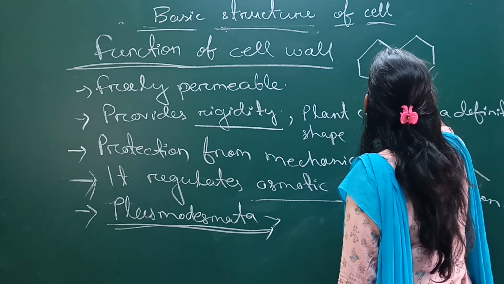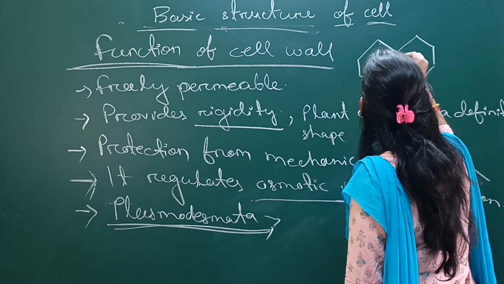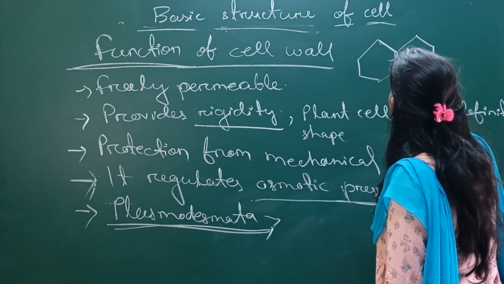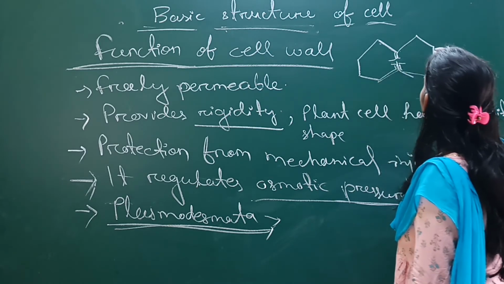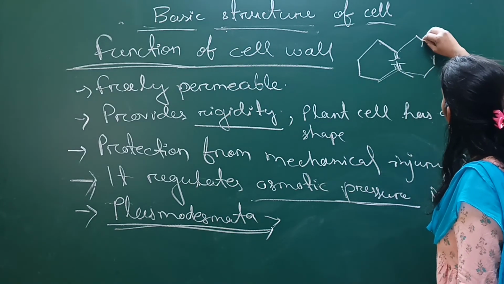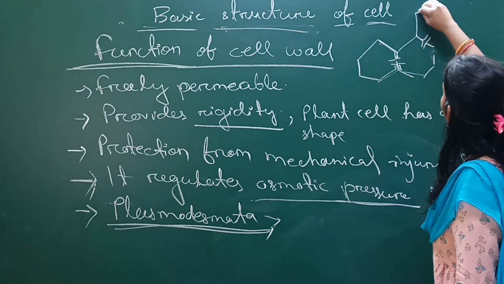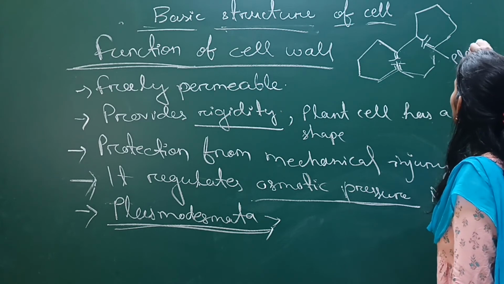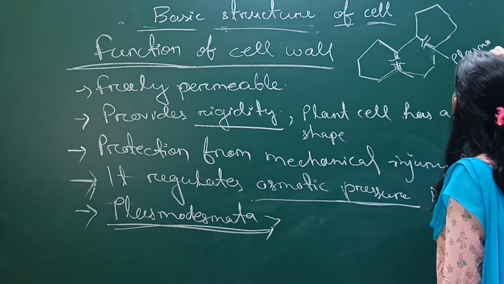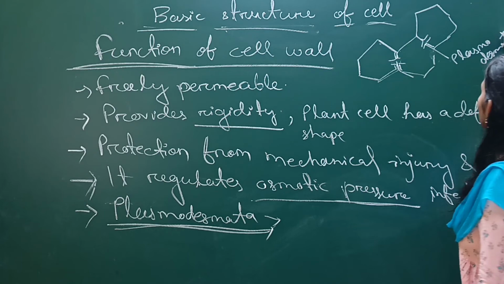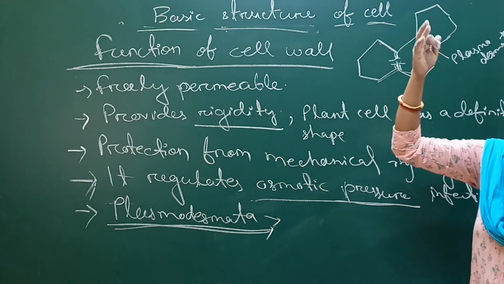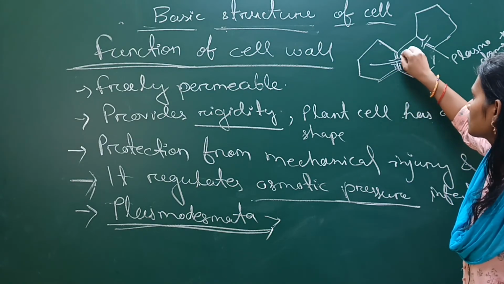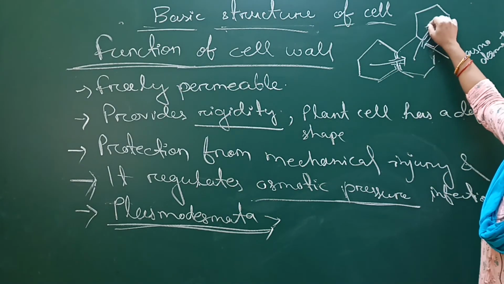Here is a gap in between these two cells. So these gaps are called plasmodesmata, and due to the presence of this structure, the cells are interconnected with each other, so that cellular substances can pass from one cell to another cell.